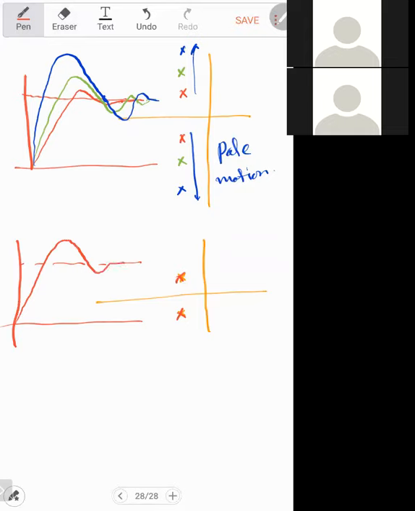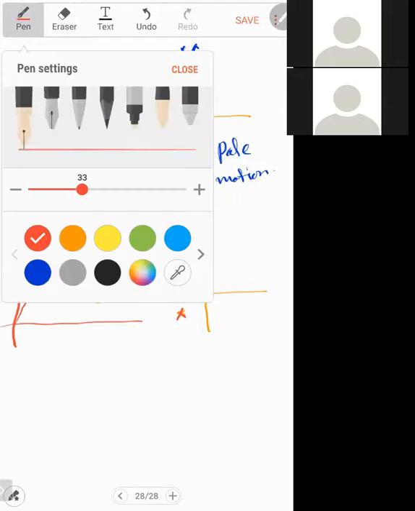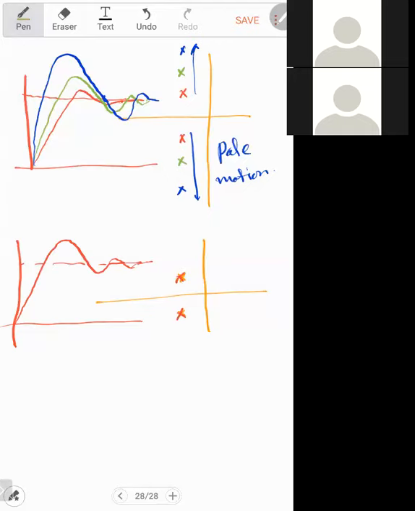This is the first response. And if you move the poles along this motion, which means that the vertical position is fixed but the horizontal position is changed.